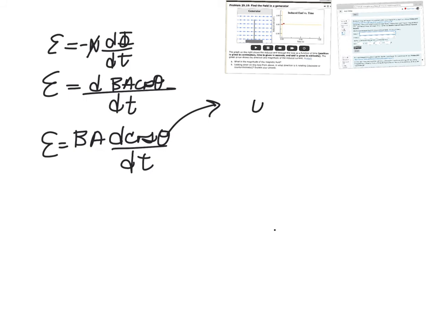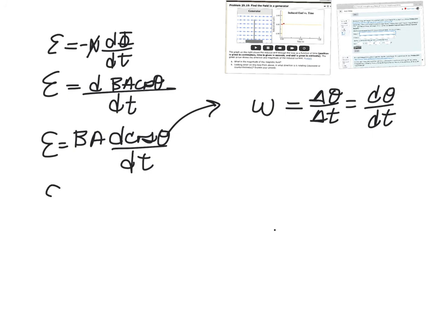And the way we do that is omega equals delta theta over delta t, or d theta dt. So d theta equals omega dt, or what we'll use here is that theta equals omega times the time. If you take the angular speed and multiply it by the time, you get the angle through which it turns.